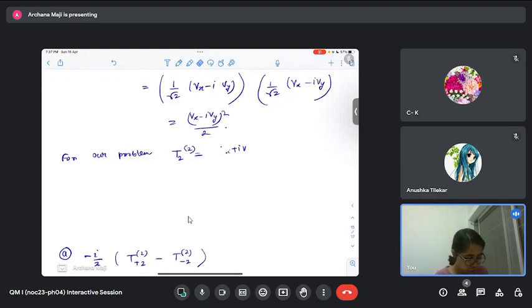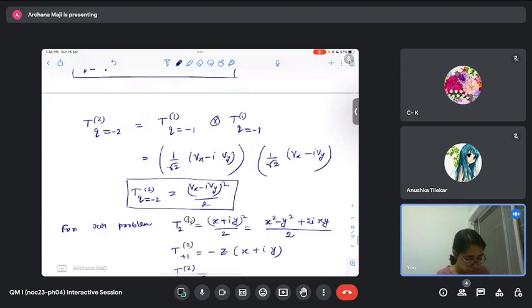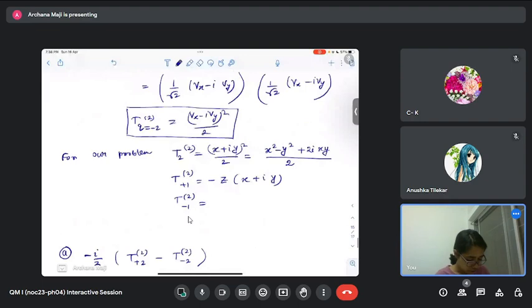So Vz for us is Z, Vx is X plus Iy. T2 minus 1 is plus Vz, that is Z, times Vx minus Ivy, and T2 minus 2 is equal to X minus Iy whole square by 2, that is X square minus Y square minus 2Ixy.